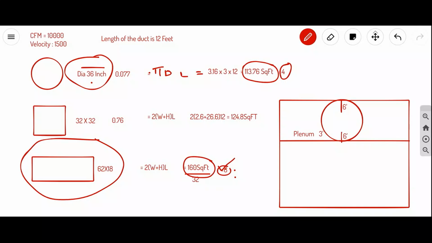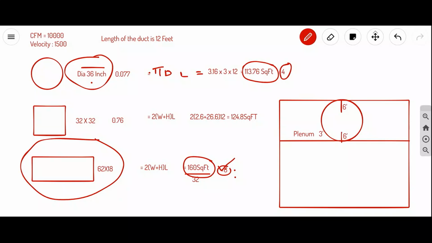So when the client is restricting you with the space, we need to sit with him and explain what is really happening on the site. This loss is not a one-time loss. It is going to be a lifetime loss for the project, right?